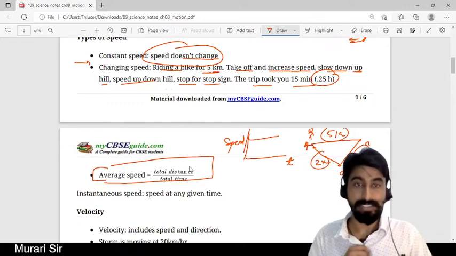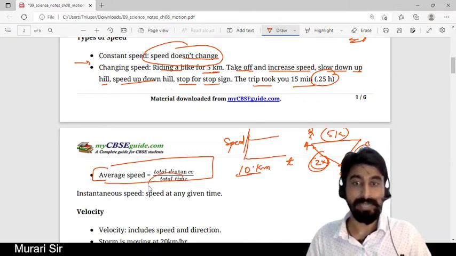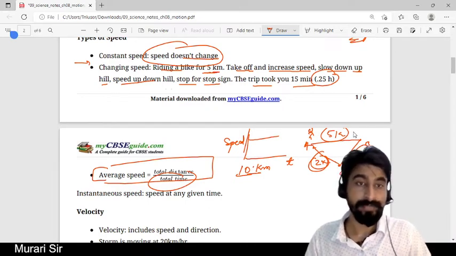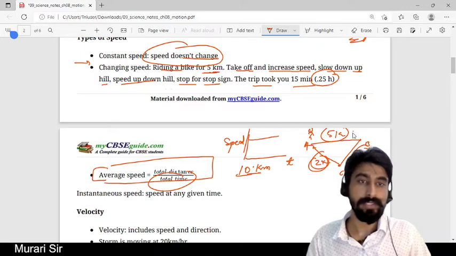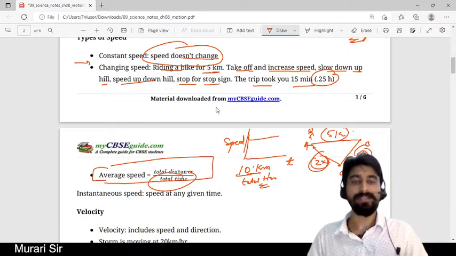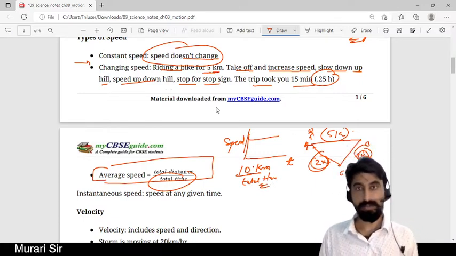That means total distance, that is 5 plus 3, 8 plus 2, 10. So if it is kilometer, then 10 kilometer. Then you take the total time taken. In that case, you will consider this speed as average speed. I hope it is clear.